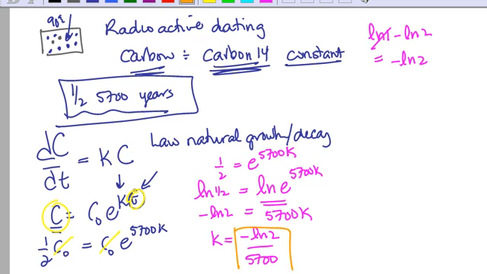Now I'm going to use my constant here and plug it into my equation. So I know that my amount of carbon-14 is the initial amount times e to the negative log 2 all divided by 5,700 times t. So if I know that there's 90% left now, let's find out how long it took to do that.